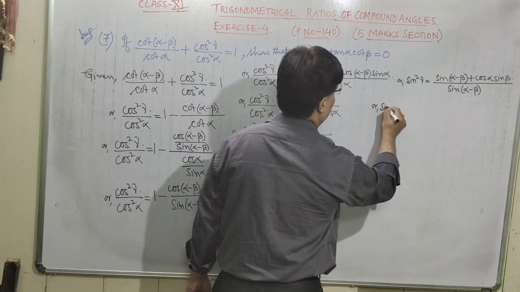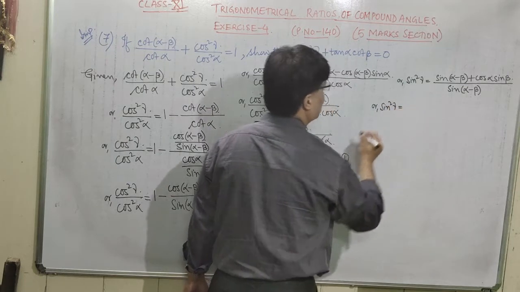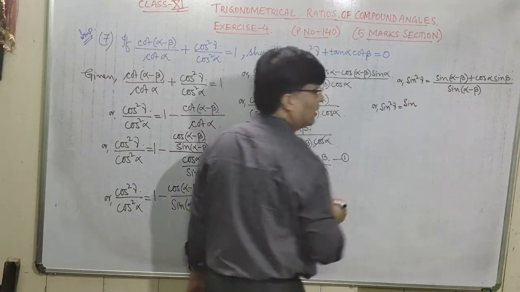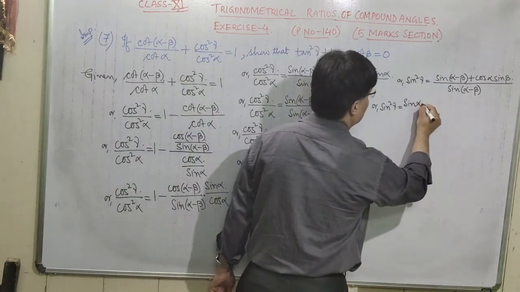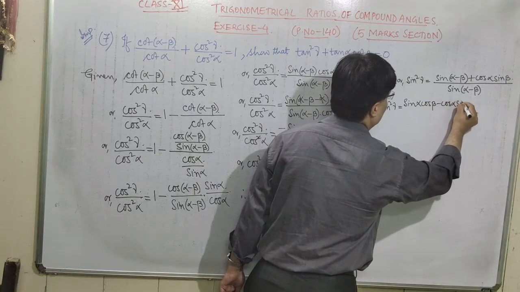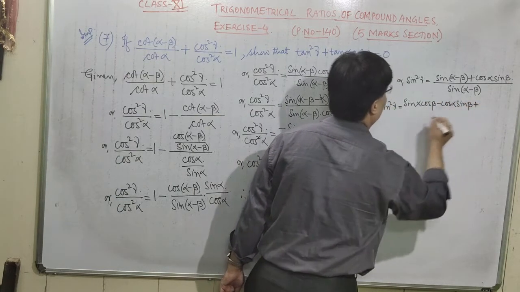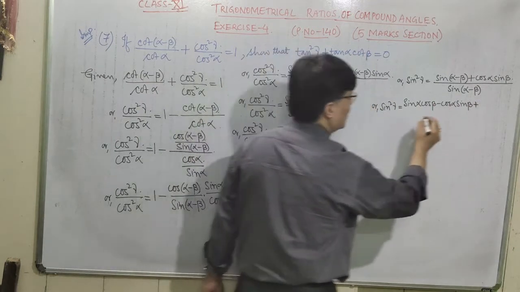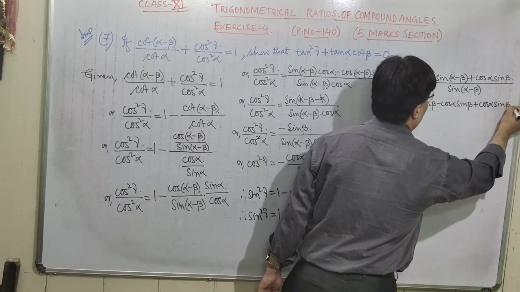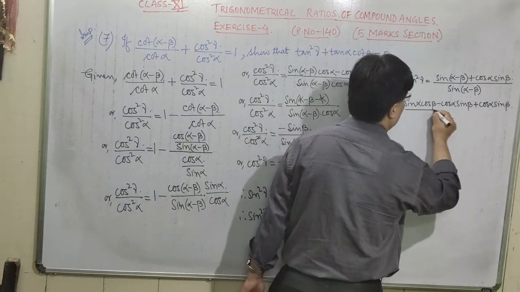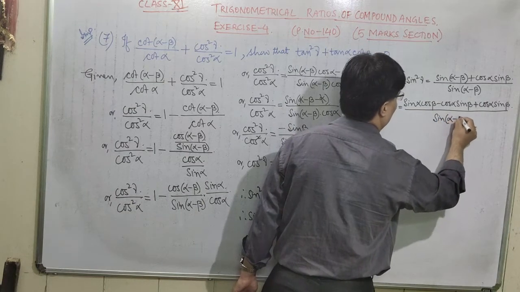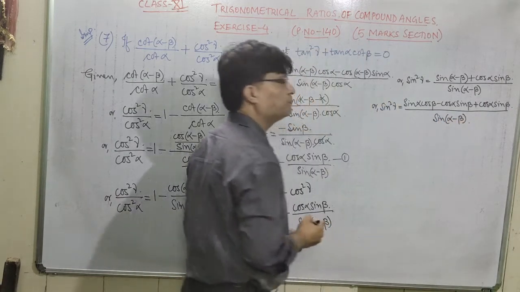So sine square gamma is equal to, what is sine of alpha minus beta? This is sine of A minus B. So this is sine alpha cos beta minus cos alpha sin beta, then plus, what is the last term there? It is cos alpha sin beta, this whole divided by sine of alpha minus beta.